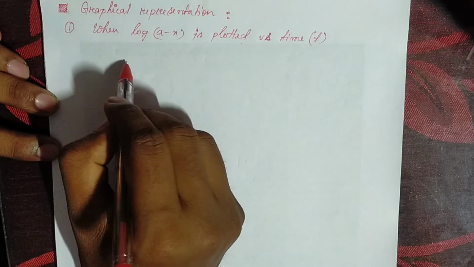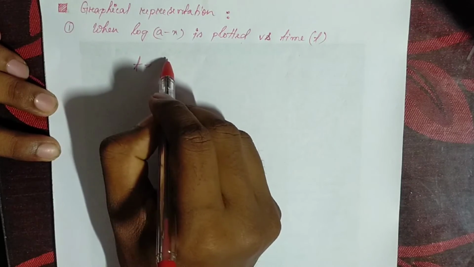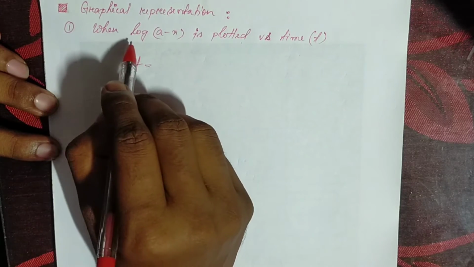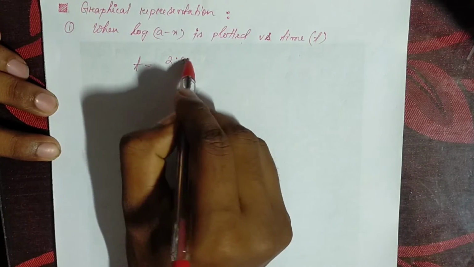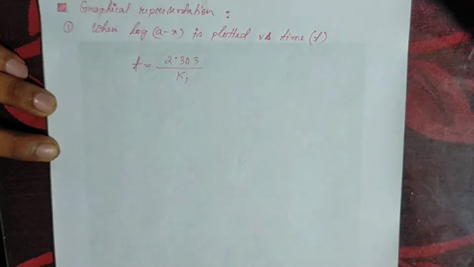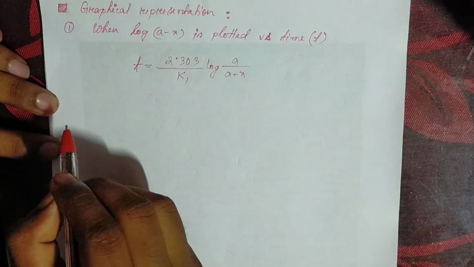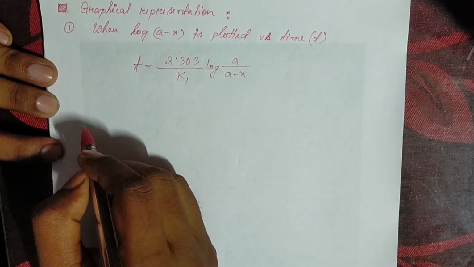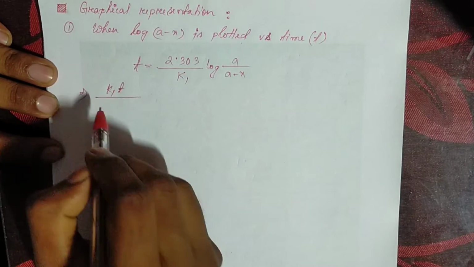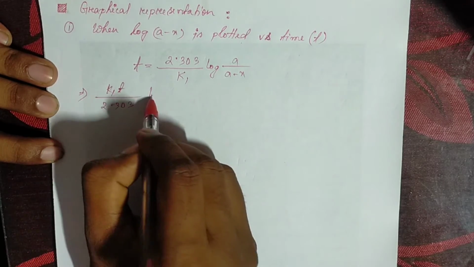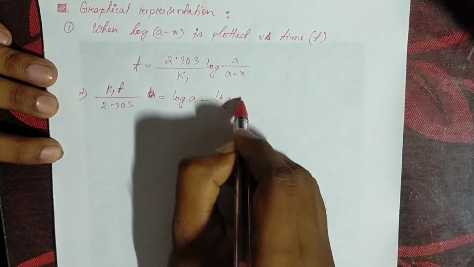The general equation, since the question asks in terms of log, is t is equal to 2.303 divided by k1 log a by a minus x. So this is the general equation. We can write k1 t divided by 2.303 is equal to log a minus log a minus x.